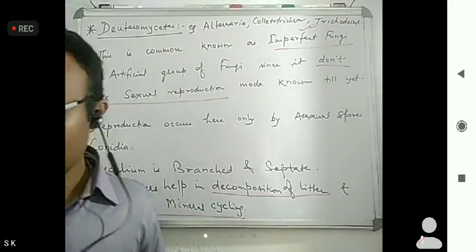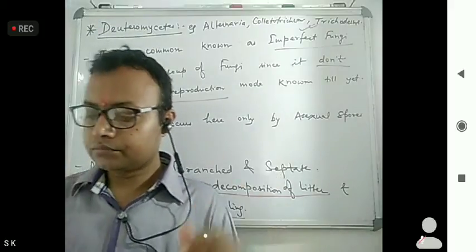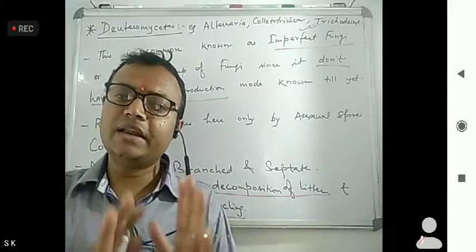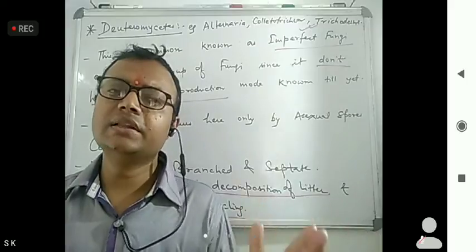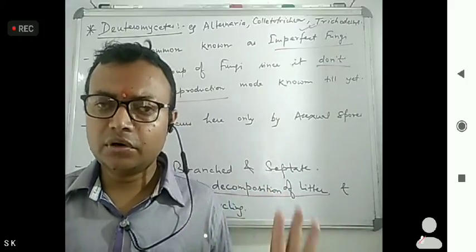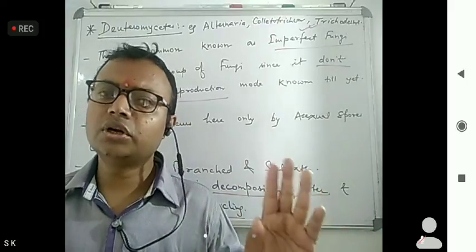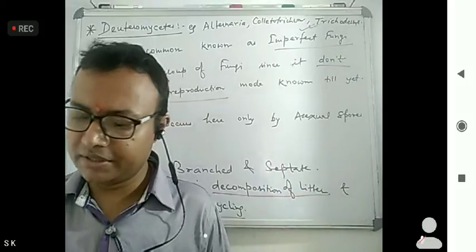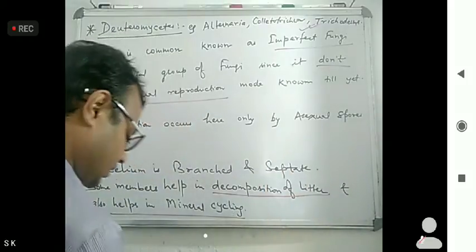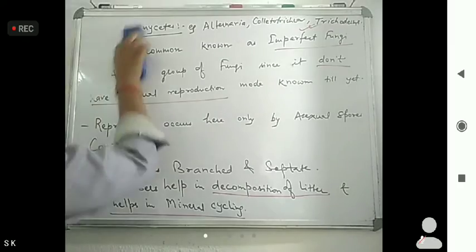Deuteromycetes. Now we will see the various classes of fungi in the tabular form. From that tabular form, one or two questions are coming in the medical. So we have to see what are the things we have seen. We will see here.